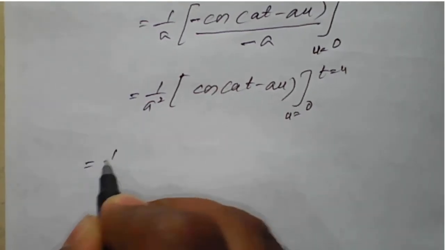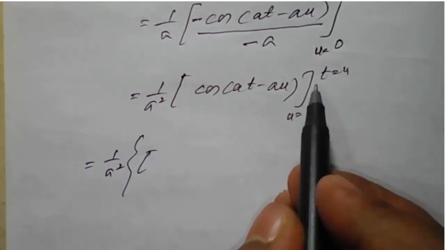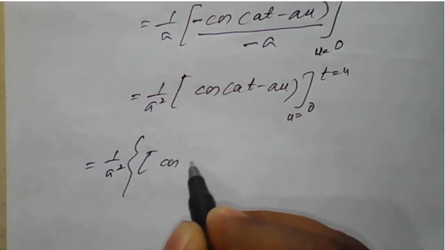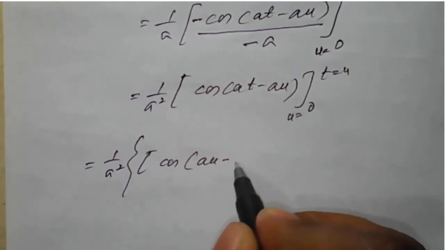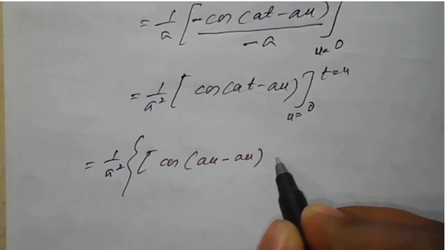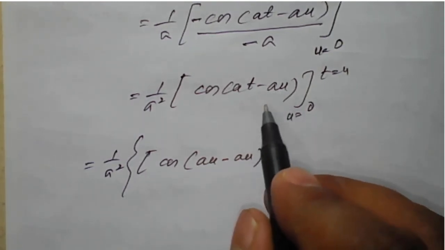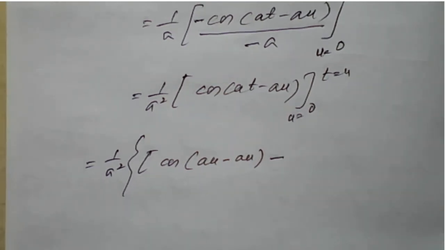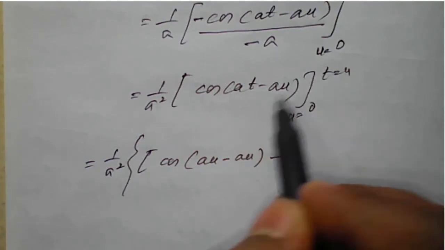1 upon a as it is. If you apply the upper limit, we need to replace u by t.